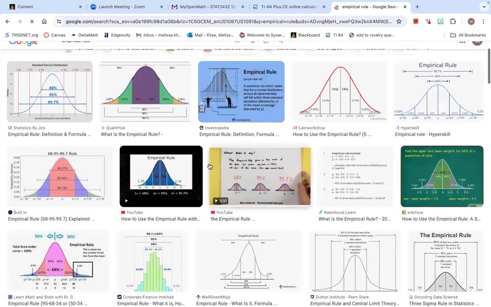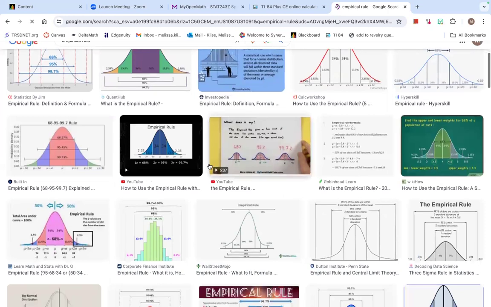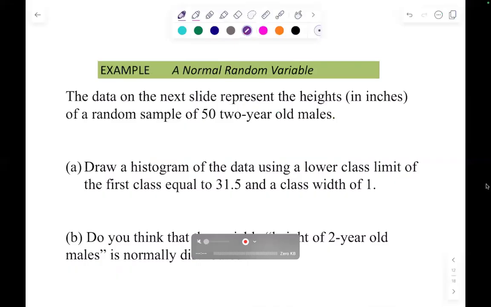Yeah, they're there. I don't know how to make it simpler. I wish I could figure that out, how to make it simpler for you. I'm so sorry you struggle with it. You're going to be using your calculator for a lot of it from now on. So hopefully we'll make it work.